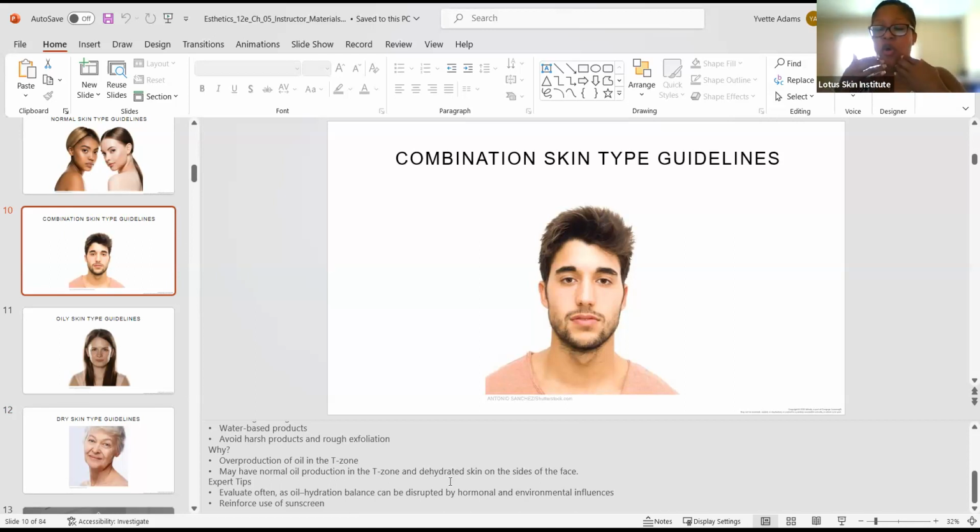T-zone is usually oilier. Why is the T-zone oilier? Do we have any thoughts about that? Why would the T-zone be oilier than the cheeks? Does it have something to do with the movement of your face? What do you mean?